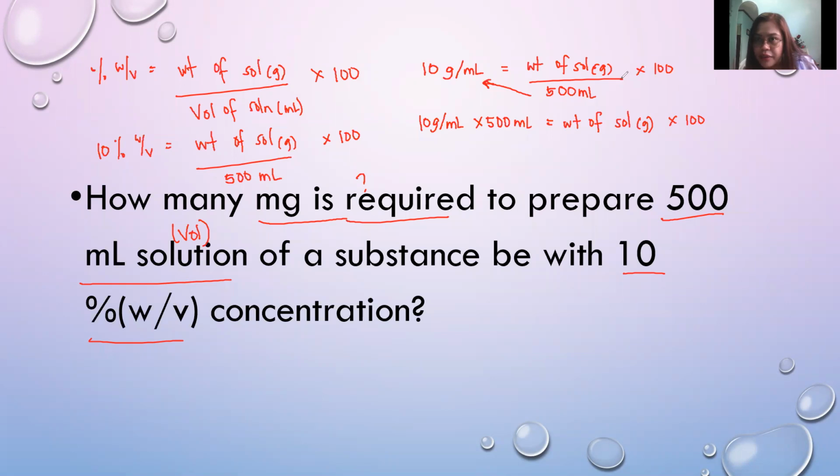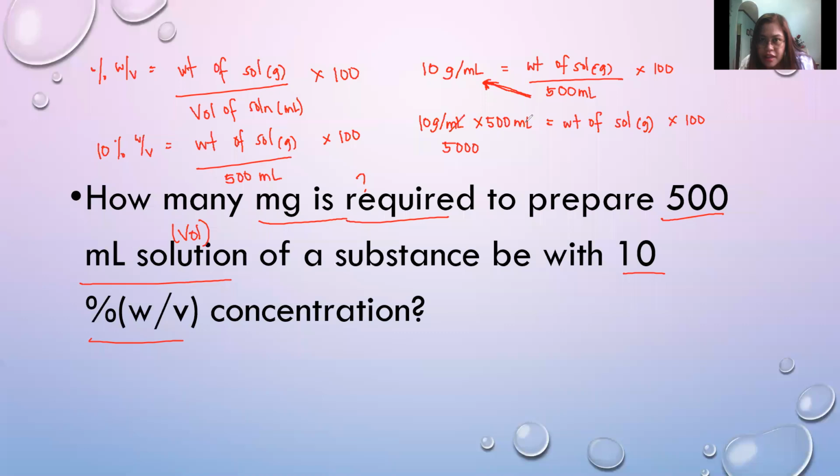So do not forget the times 100. Hanam na siya sa taas, so uban na sila ni weight of solute. So you multiply dito going there. Ayan. So you will have 10 grams per ml times 500 ml. So this will be 5,000.